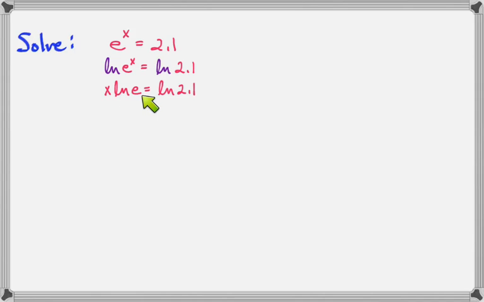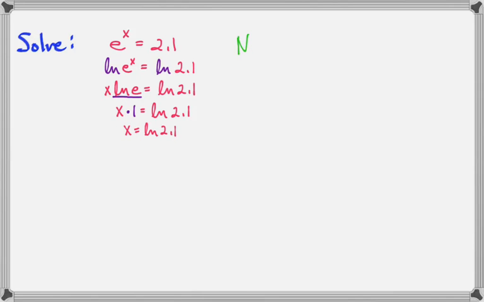Well, you don't even have to worry about it, because remember, we talked about when we evaluated logs, as long as we're in log base e, we can say, what is the exponent of e that gives us e to the first power? Well, the exponent ought to be 1, right? So ln e is just simply 1.